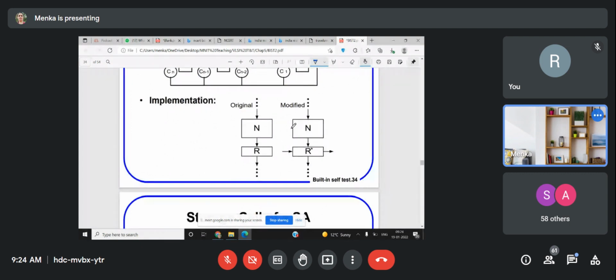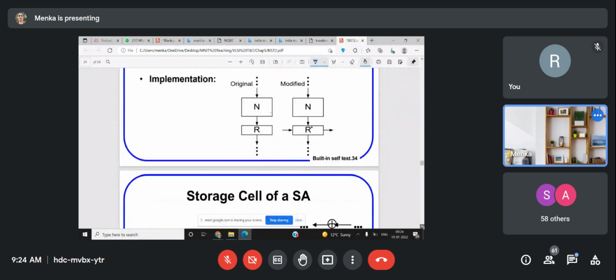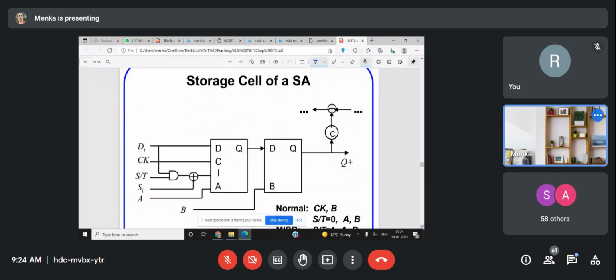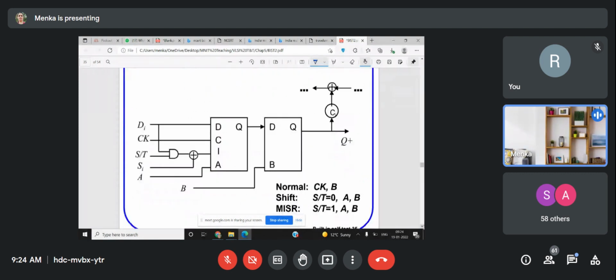You have this block, and okay, we'll discuss this a little later. The storage cell of the signature analyzer is given over here. In this cell, you can see you have a D flip-flop here and another D flip-flop here. So there are two D flip-flops and then this XOR gate is like this.